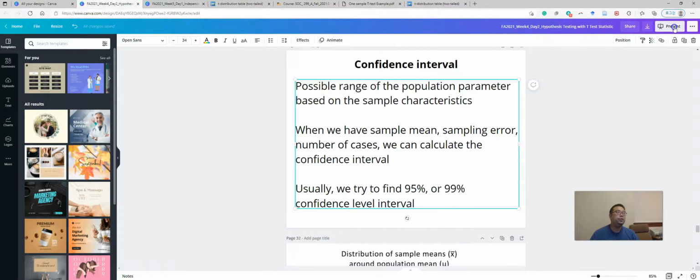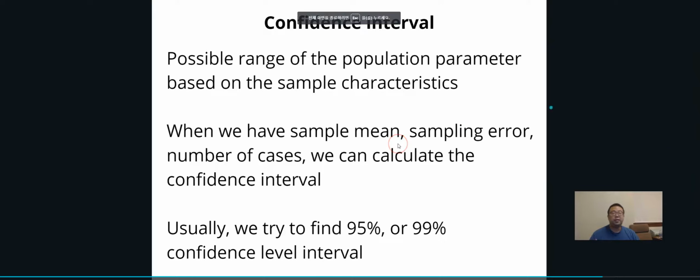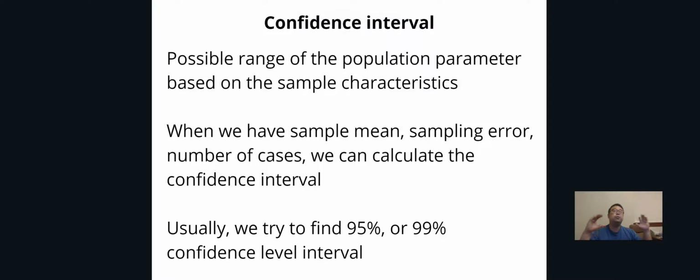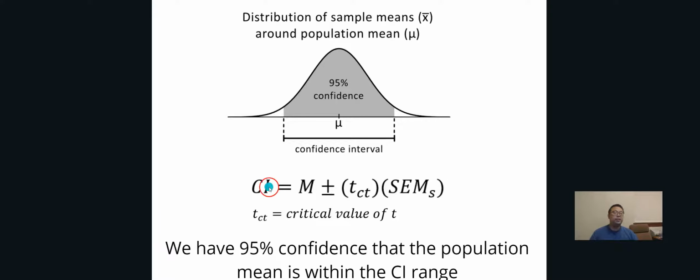Again, in definition, the confidence interval means the possible range of numbers that captures the population mean based on sample characteristics, sample statistics. It is calculated as the confidence interval equals the sample mean plus or minus the T critical value, which we can get from the T table, multiplied by the sampling error.